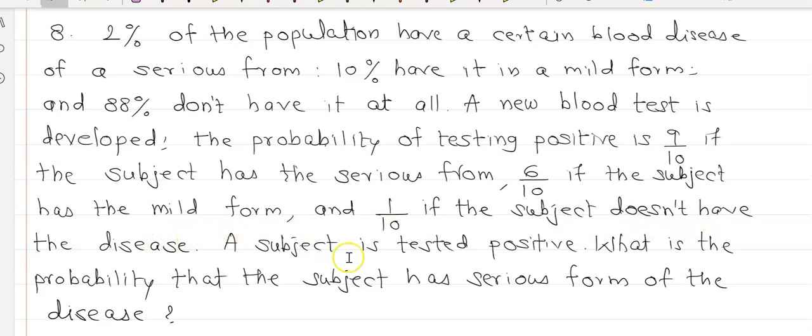A subject is tested positive. What is the probability that the subject has the serious form of the disease? Okay, 2% serious, 10% mild, 88% do not. What about the test? Test is positive, 9 by 10 for the serious form, 6 by 10 mild and 1 upon 10 do not have it.